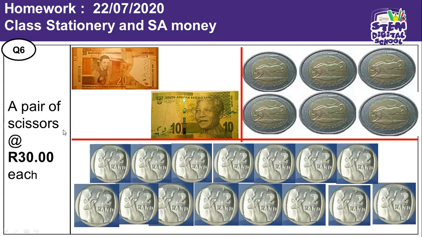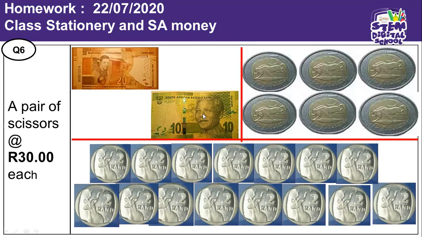So we took the notes and the coins that we use in the country, and to see if we are able to use the correct amount. Okay, so here in terms of using notes, it's 20 rand there and 10 rand there.